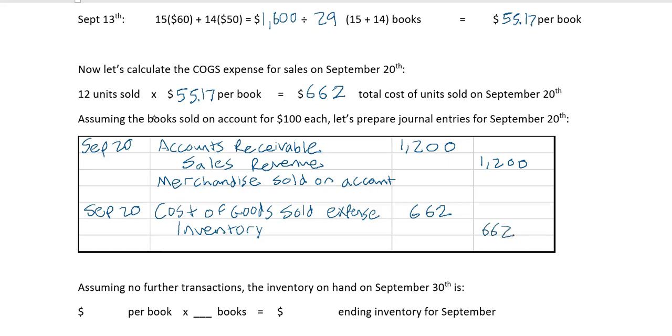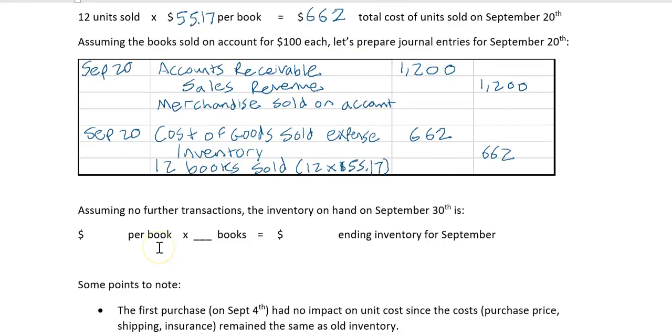Again, brief description. I'm going to change it up a little bit here for fun. 12 books sold, 12 times 55.17. Okay, so those are a couple of journal entries here.